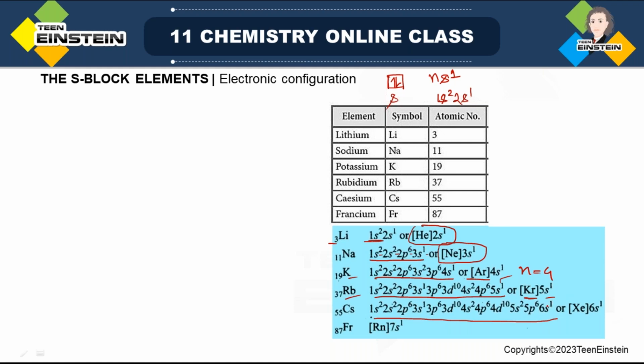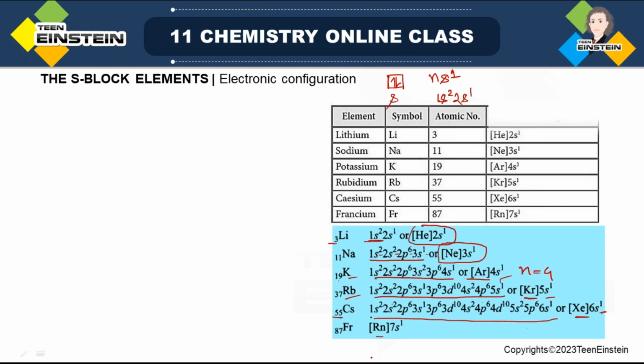So the general configuration will be the noble gas, that is the last noble gas with respect to that particular element, within third bracket, and then you have to write NS1. So for cesium it is xenon, because xenon has atomic number 54, just one more electron, and for francium it is radon. So when you write the electronic configuration this way, it looks like this.